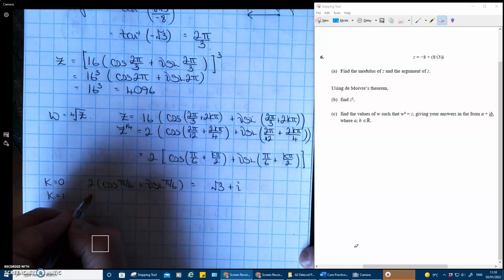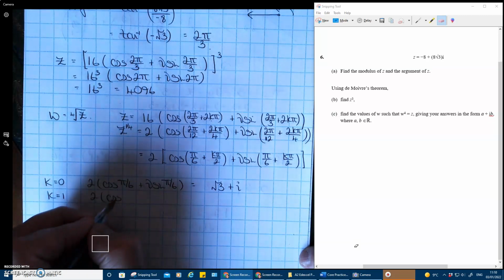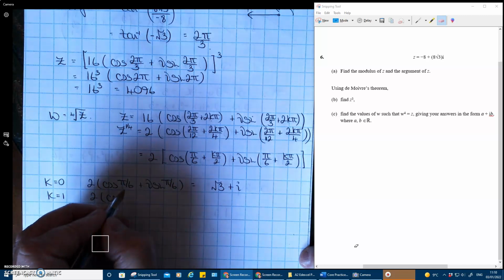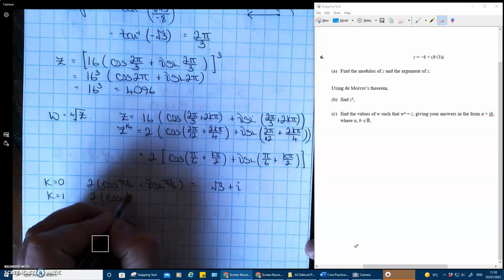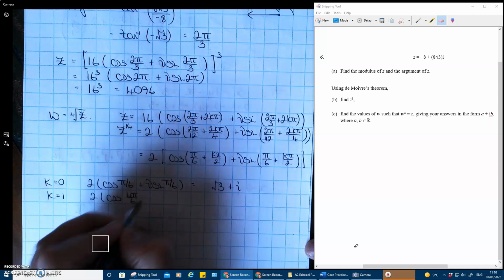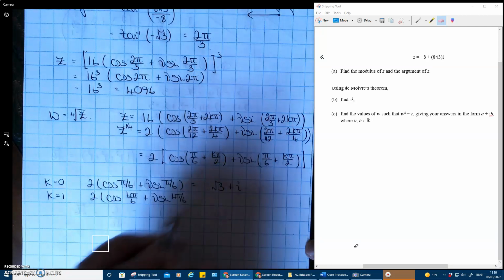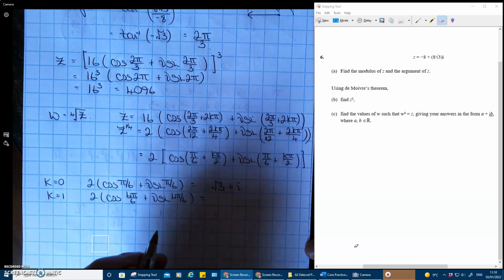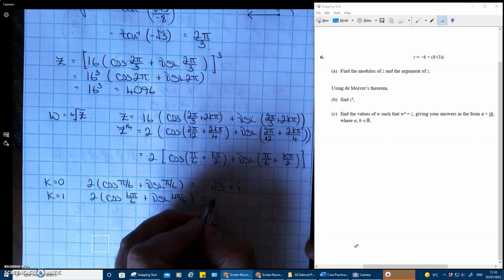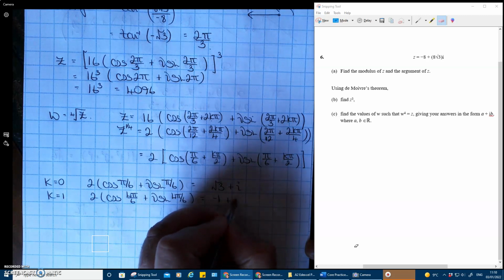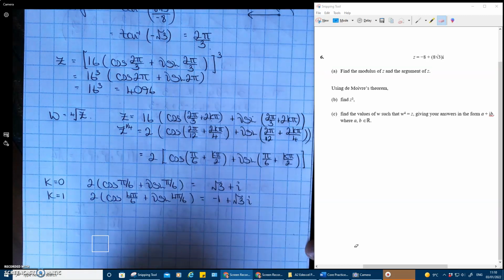I get 2 cos, add a pi by 2 onto there. So it's 4 pi by 6 plus I sine 4 pi by 6, which equals minus 1 plus root 3i.